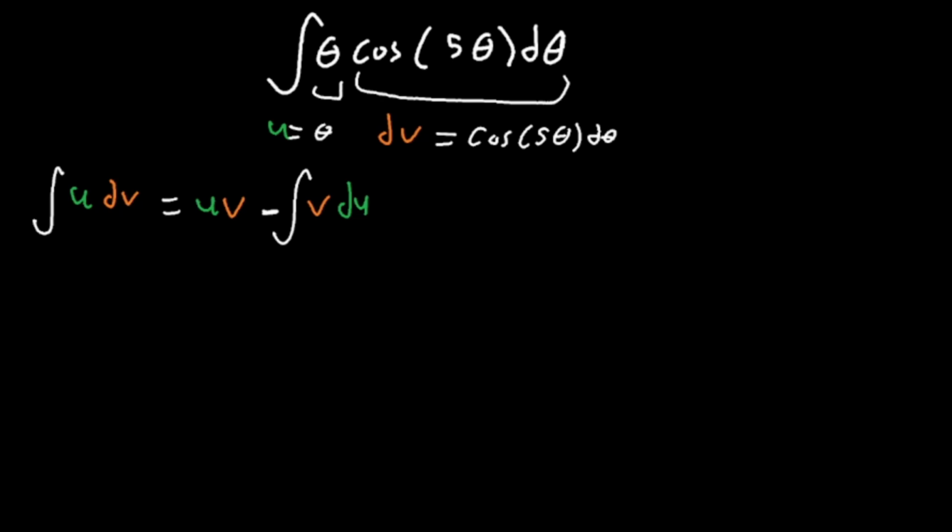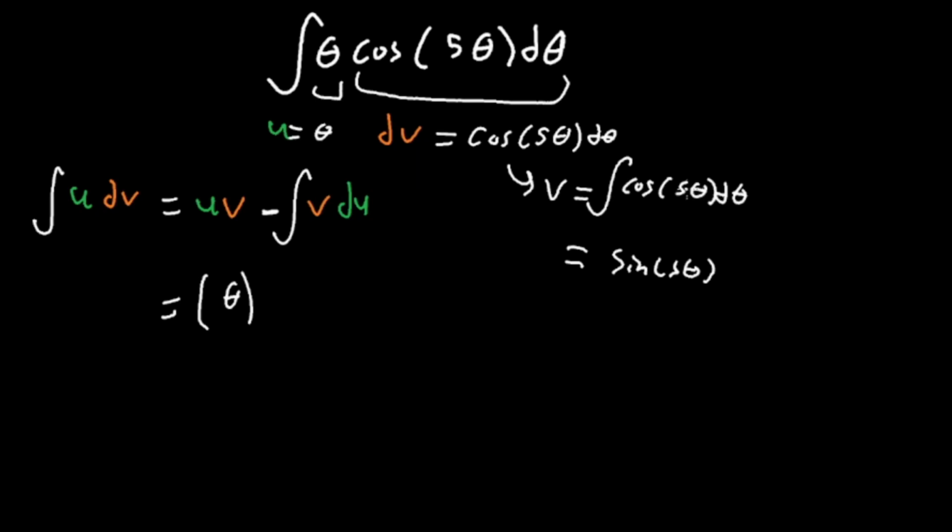Okay. So now let's plug in our functions. So the integral of u dv is going to be equal to u, which is theta, times v. Now to get v, we're going to integrate dv. So v is going to be the integral of cosine 5 theta d theta. So this becomes the integral of cosine, which is sine.